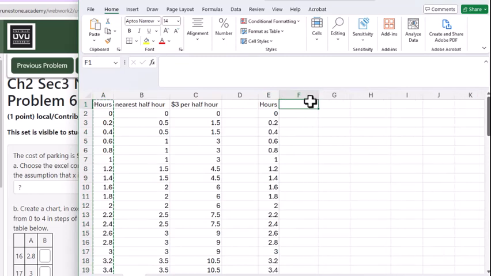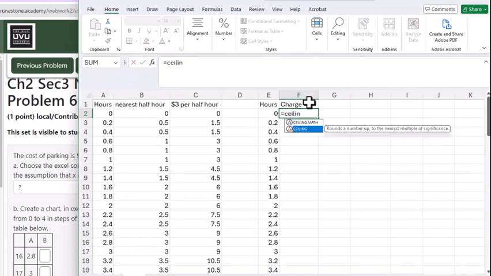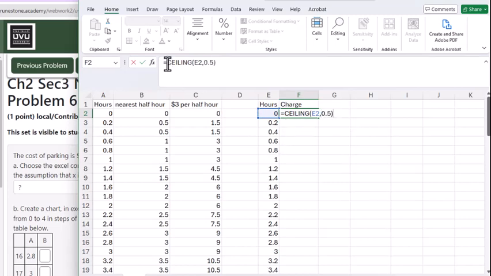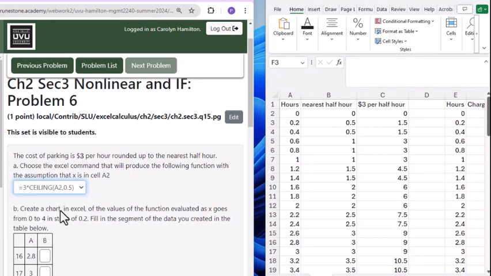And then the charge would start with the ceiling function of your cell and to the nearest 0.5. And then once you have that, multiply it by 3. Ceiling, start with the A2 value, multiply by 3.